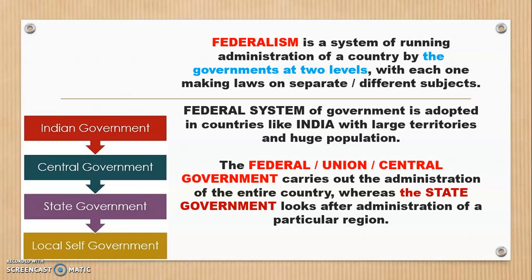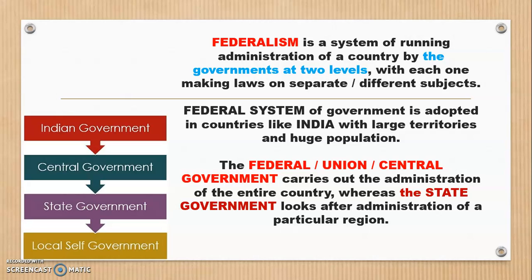So the Indian government is divided into three levels. We have the central, union or federal government. We have the state government, and along with the state, the last or the base is the local self-government, like the Gram Panchayats or the municipal corporations, which look after those particular areas. This is how the federal system works.